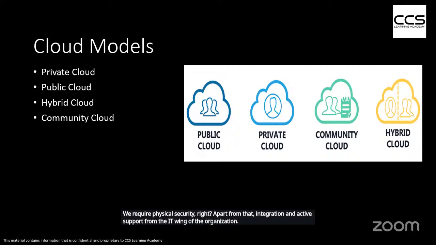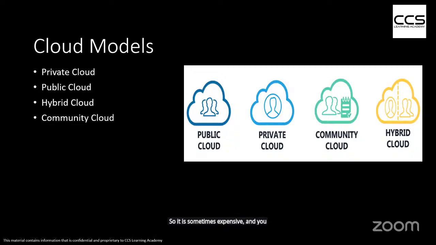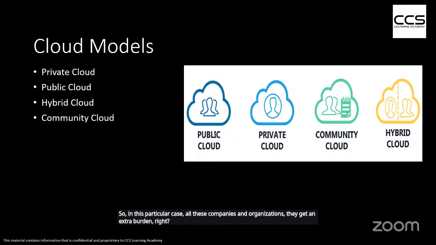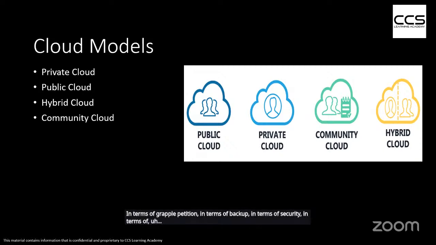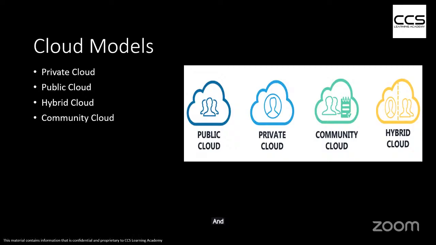So it is sometimes expensive, and you have to put a lot of maintenance into the private cloud. In this case, these companies and organizations get an extra burden in terms of replication, backup, security, and proper support from the IT team. And we get some challenges, right? So what can the challenges be?